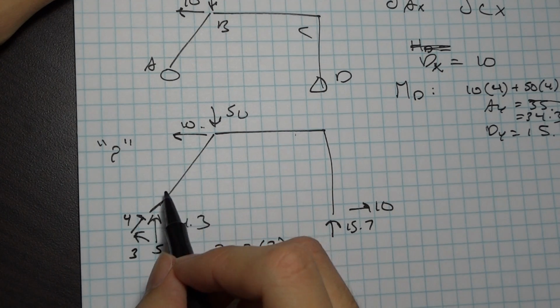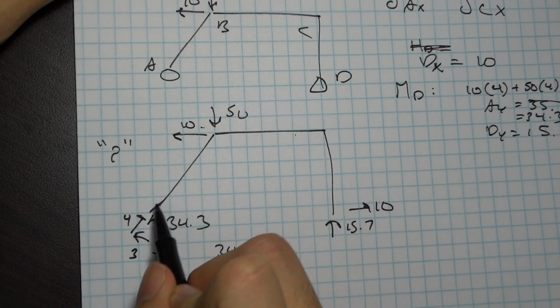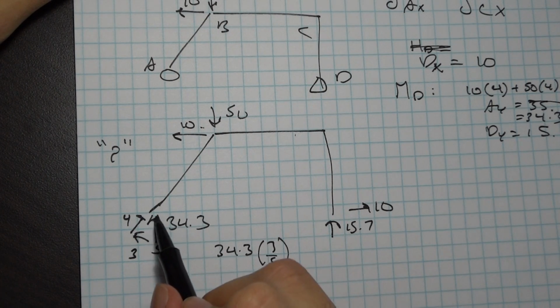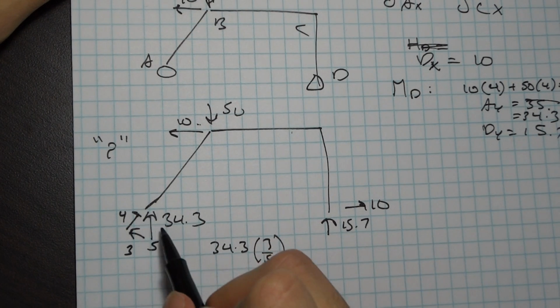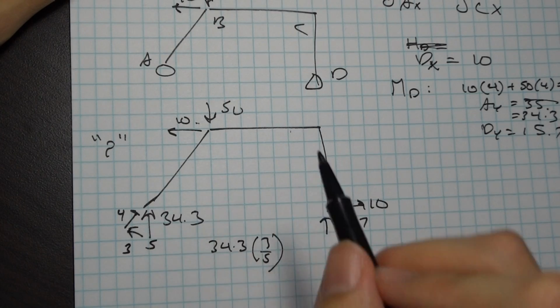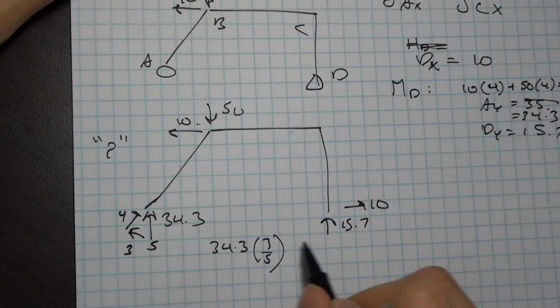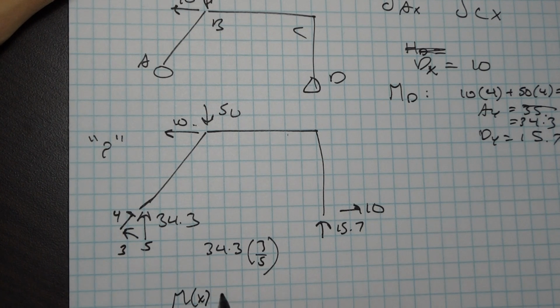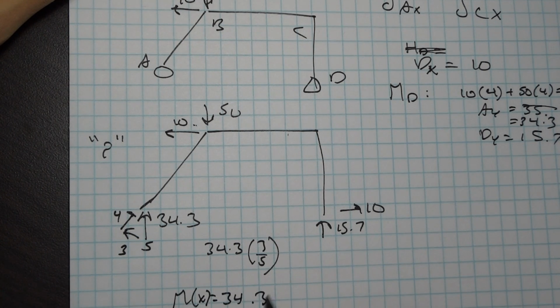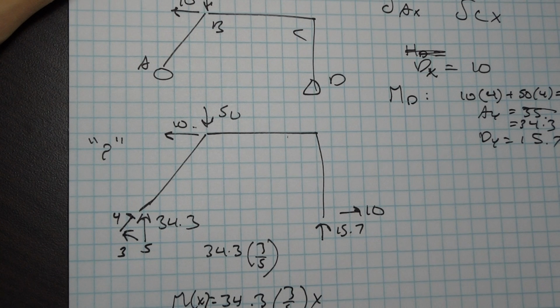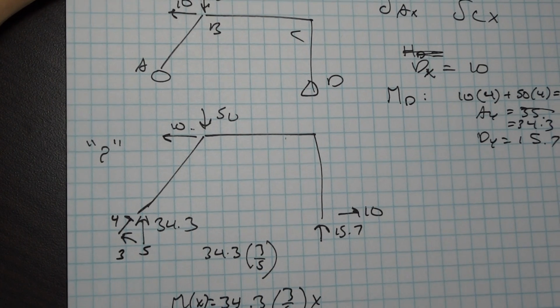So my moment diagram here is going to be triangular because I have a single force acting this way, and that force is just a function of x. So my moment diagram is going to be 34.3 times 3/5 x. And you can worry about the sign, but the sign doesn't end up mattering in this case.